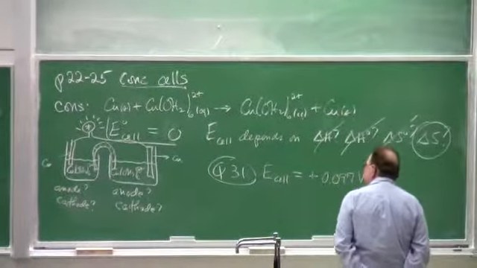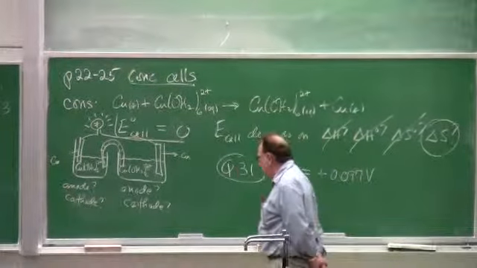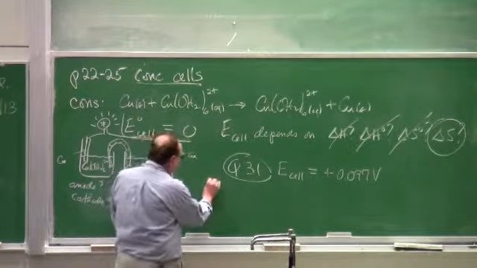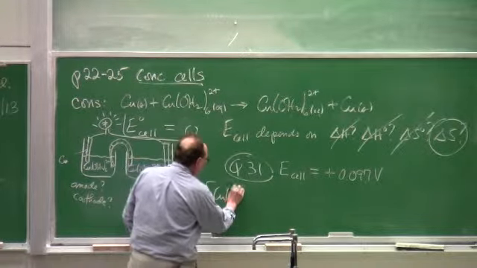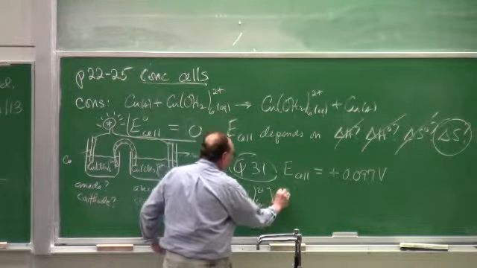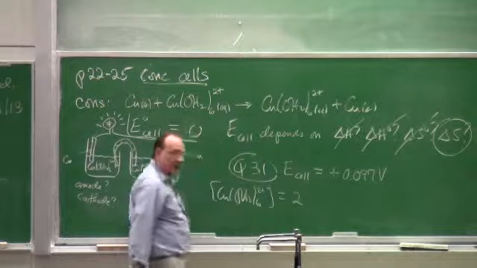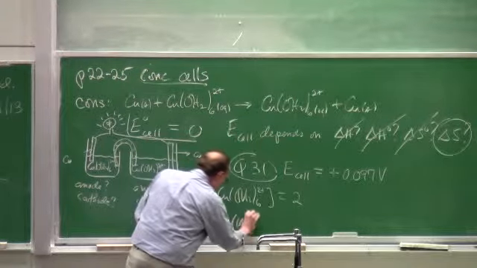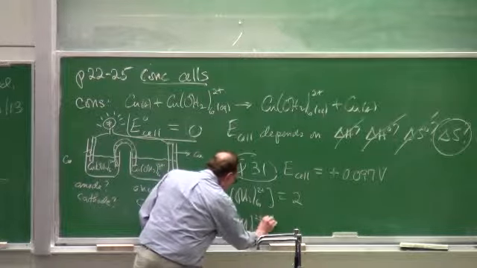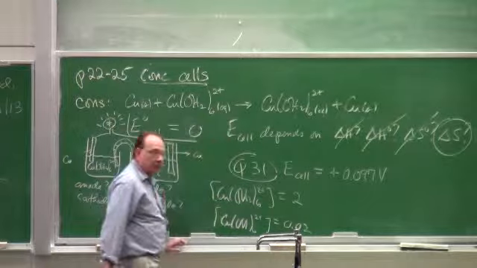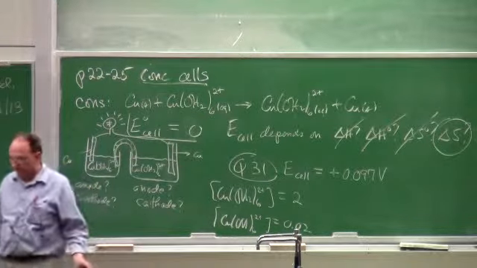to make a concentration cell, what I have to do is to use, let's say for this case, two molar copper ion and 0.02 molar copper ion.